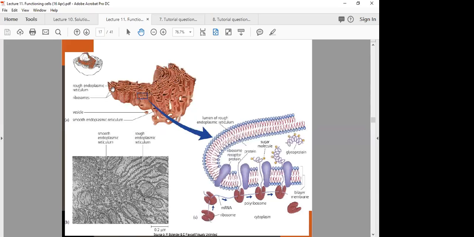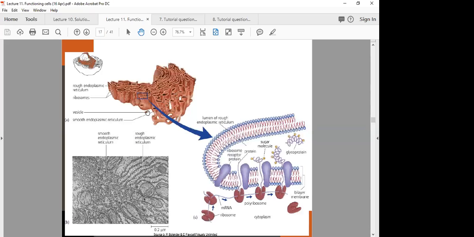That rough appearance is due to many ribosomes being attached to the outer membrane of the ER. This front portion of the ER is referred to as smooth endoplasmic reticulum because it lacks that association with the ribosomes.